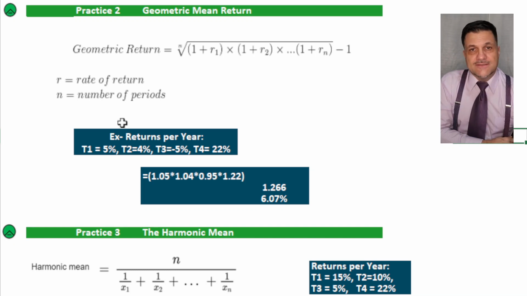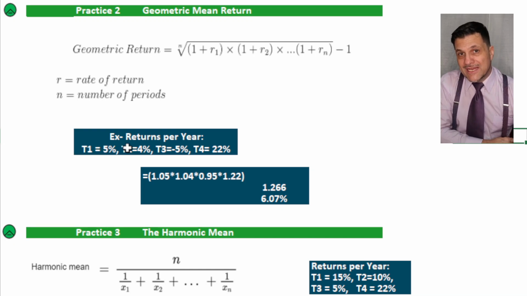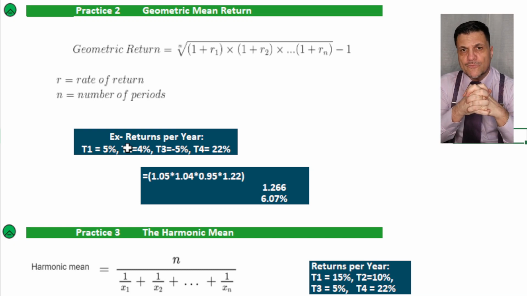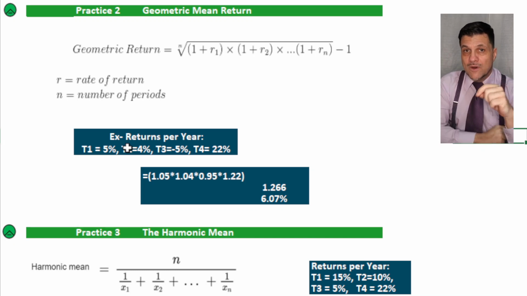Well said, so how do you do it? If you are working in returns, because most likely they will be returns on your exam, returns are decimal numbers. If it's a decimal number, you're going to have to add 1 to that decimal number. It's 1 plus the return in decimal format.